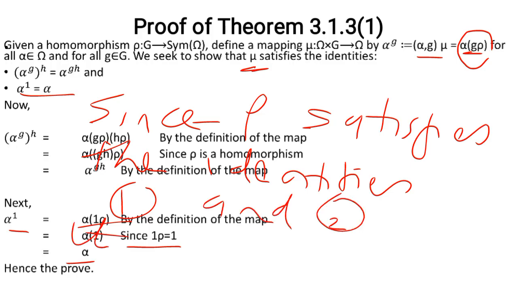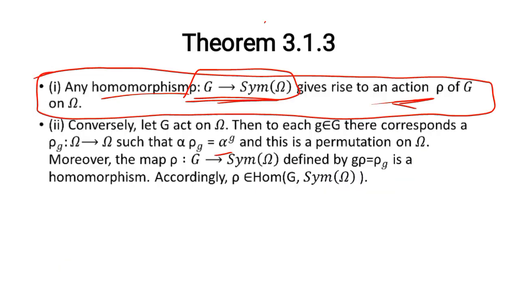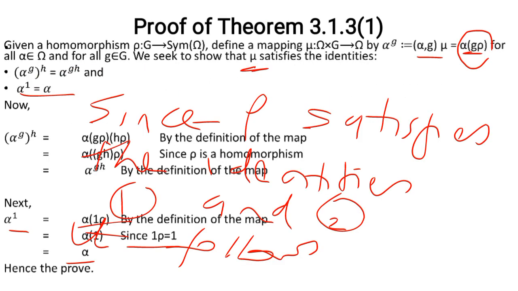It follows that any homomorphism rho from G gives rise to an action rho of G on the set, as required. So that's the conclusion of the theorem.